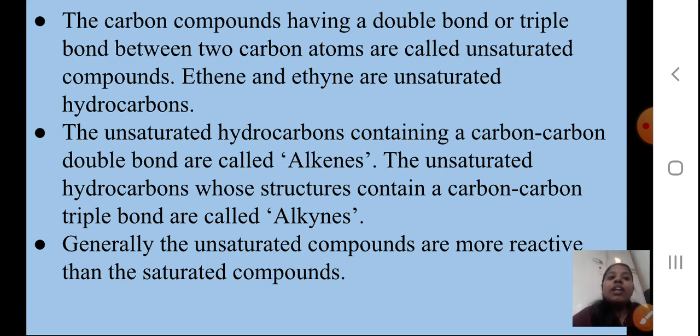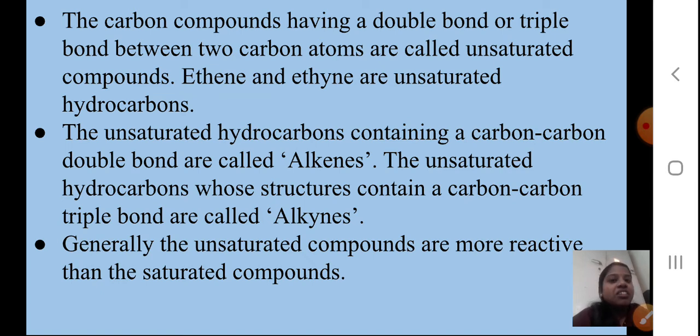The unsaturated hydrocarbons containing a carbon-carbon double bond are called alkenes, and the unsaturated hydrocarbons whose structure contains a carbon-carbon triple bond are called alkynes.